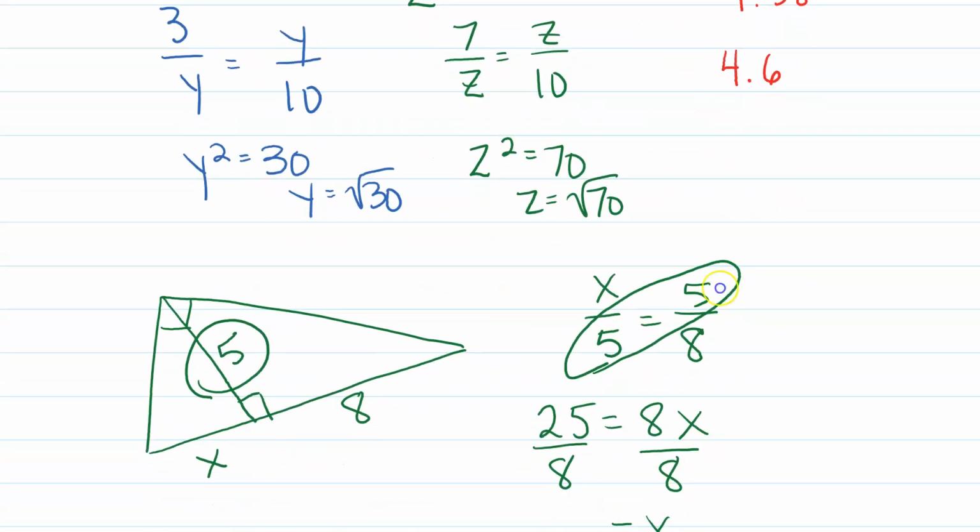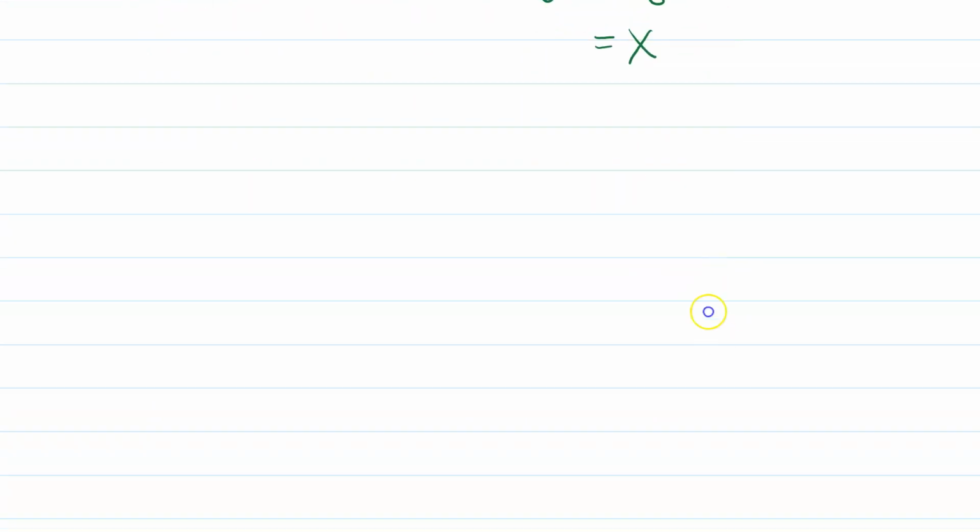And the last part of geometric mean is just finding a geometric mean between numbers that you're given. So if we said find the geometric mean between 12 and 18. Geometric mean is basically the average between two numbers in a geometric sequence.